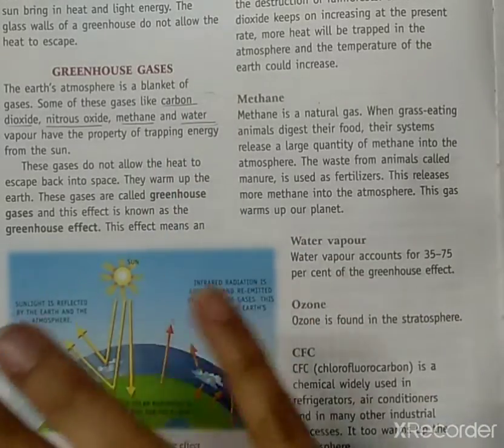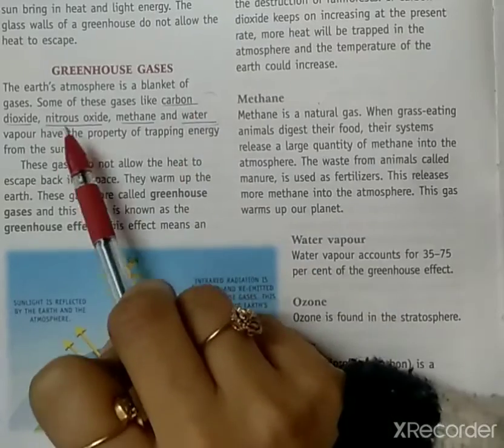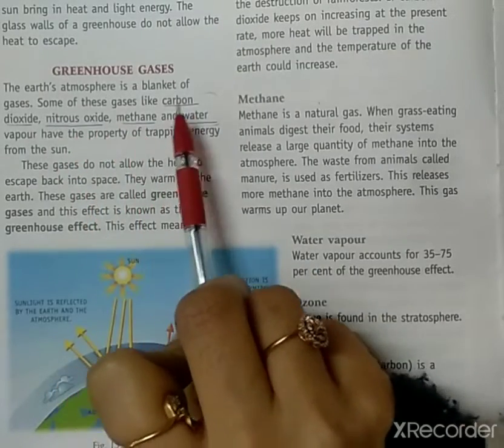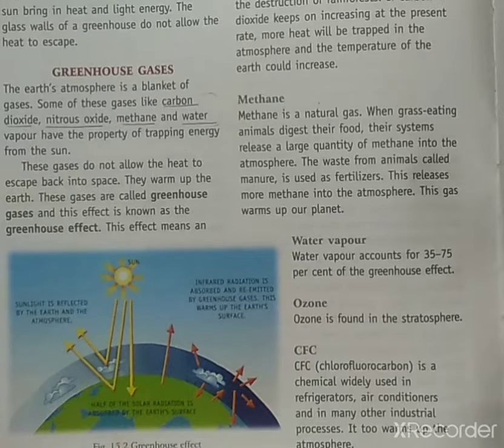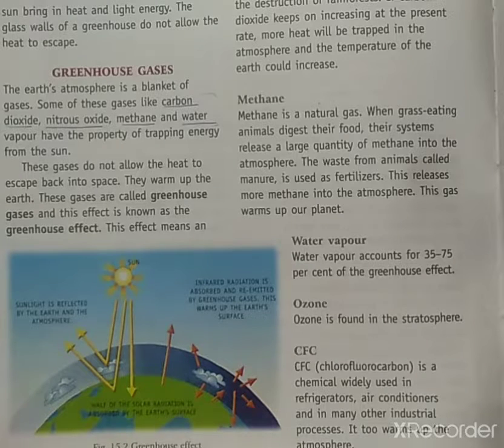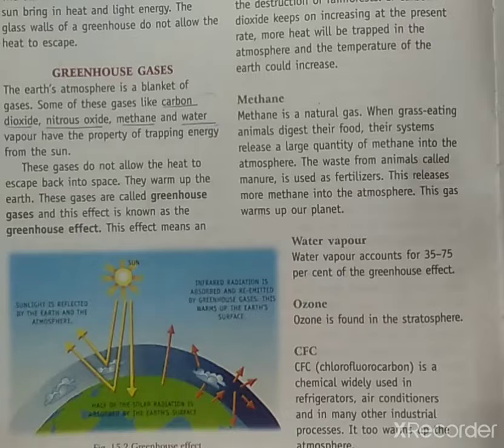The greenhouse gases are carbon dioxide, nitrous oxide, methane and water vapor. State the property of these gases. They trap the heat energy from the sun. And what is the greenhouse effect? It is an effect where these gases warm up the earth and raise the temperature of the earth.